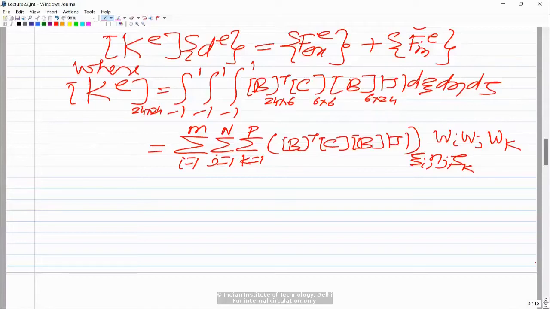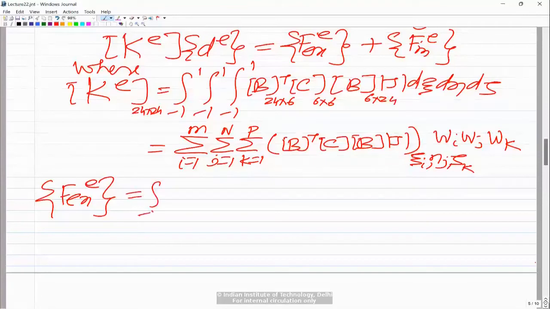Similarly, if you look at the F external, that is due to body forces. So that also involves a volume integral. It would be a triple integral, and in the natural coordinate space the integration would be from -1 to +1 with respect to all three coordinates. You see, the shape of the element can be anything in the physical coordinate space, but since it is mapped to a cube in the natural coordinate space, these integrations are always from -1 to +1.